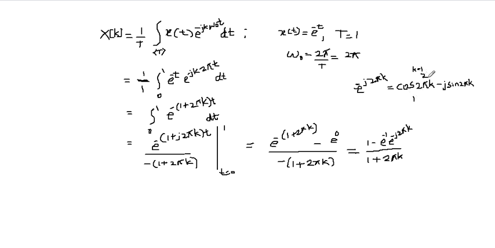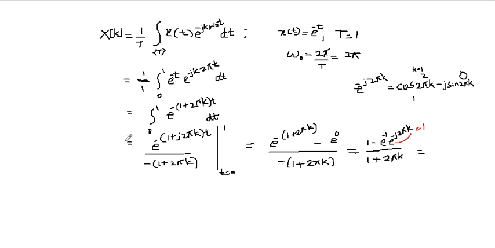If k is equal to 2 also, it is cos of 4 pi minus j sine of 4 pi, and always the sine is going to be 0 and the cosine is going to be 1, so the value of this term is going to be 1. So let's write this term as equal to 1.